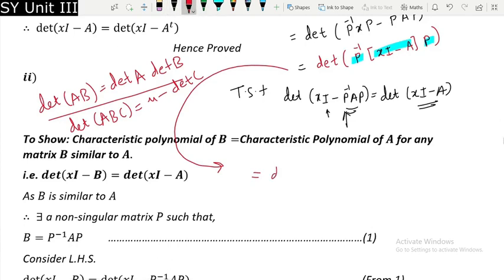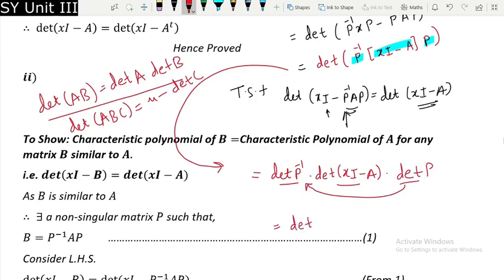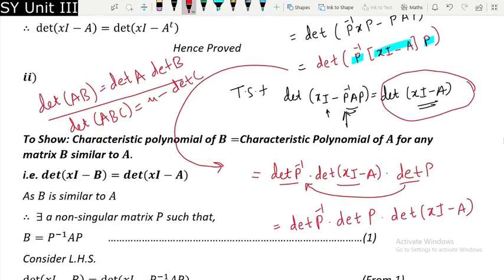So therefore we will get determinant of P inverse multiplied by determinant of xI minus A multiplied by determinant of P. Now since all are real numbers, I will shift this real number over here. So this is equal to determinant of P inverse multiplied by determinant of P multiplied by determinant of xI minus A. So we got determinant of xI minus A in the picture. Now the question is, what about this?